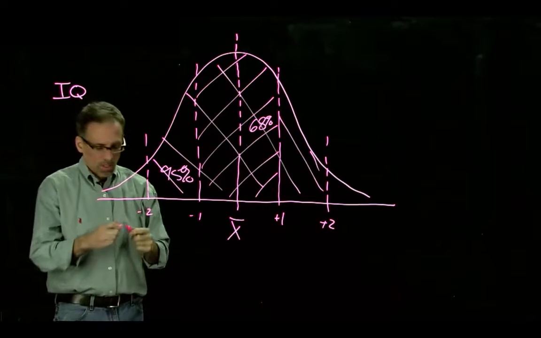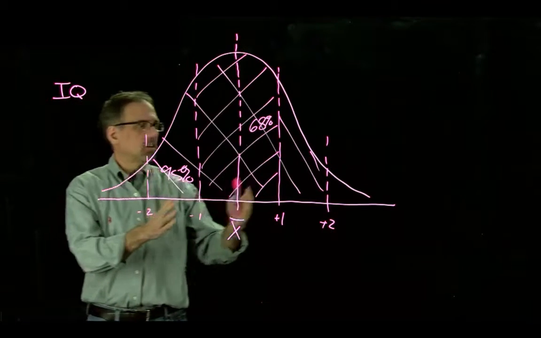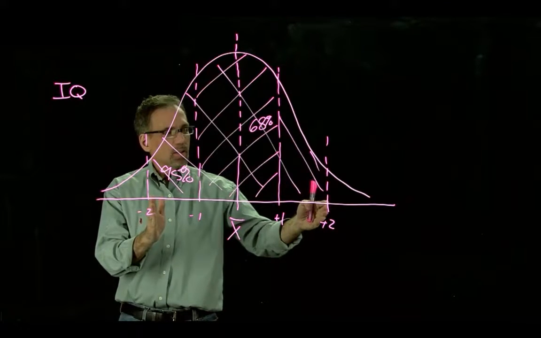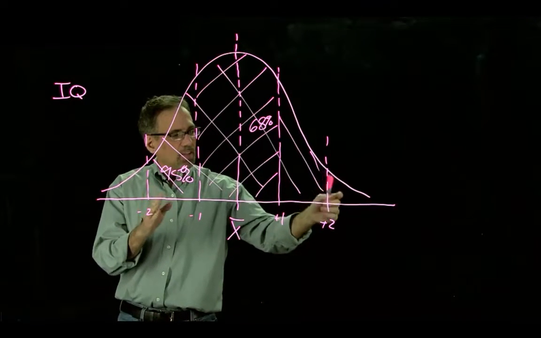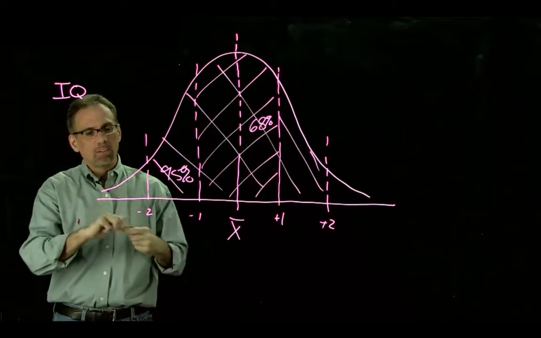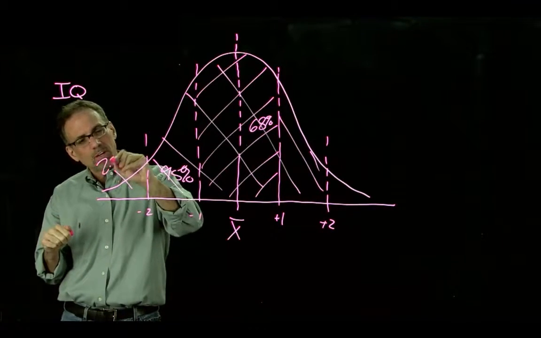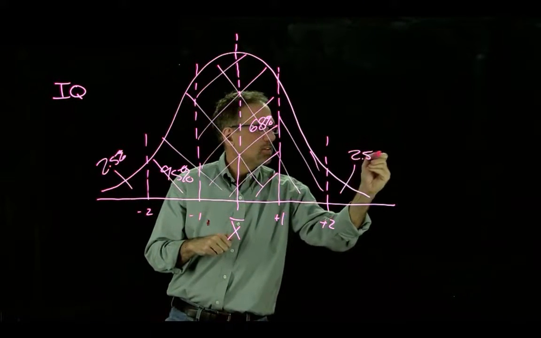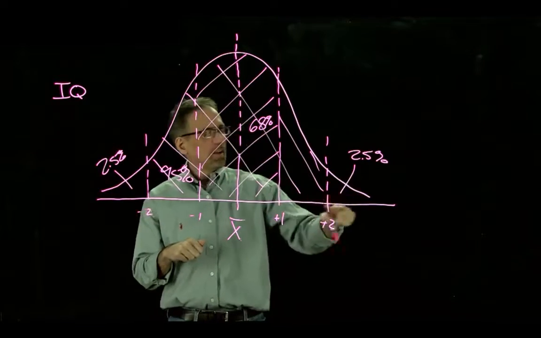So if you're within 2 standard deviation units above or below the mean, what's left is 5%. We've used up 95% in here. So that means 2.5% of the population is out here, and 2.5% of the population is out here, right?